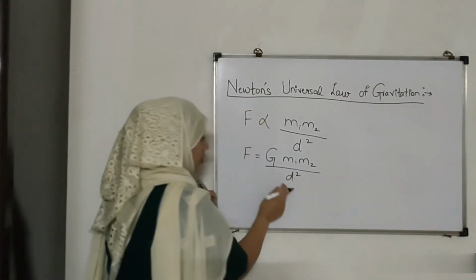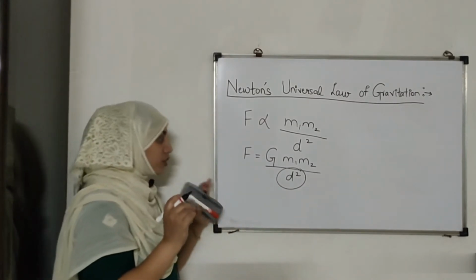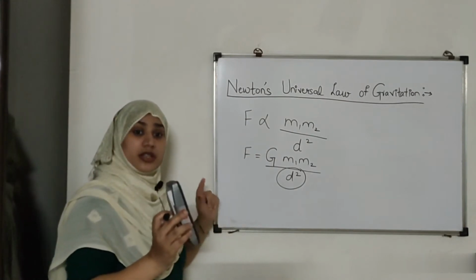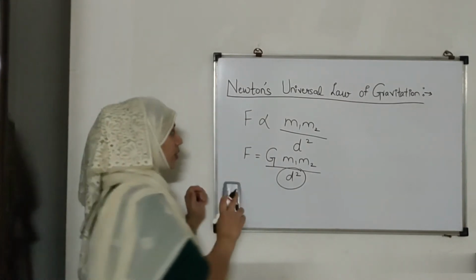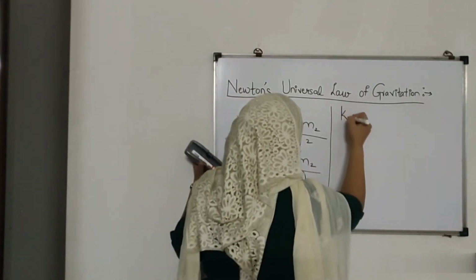Why did Newton take the inverse square of the distance? In the previous video I told you about Kepler's third law.